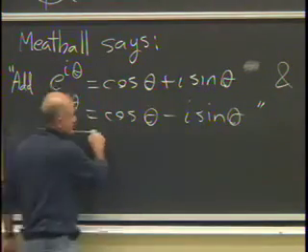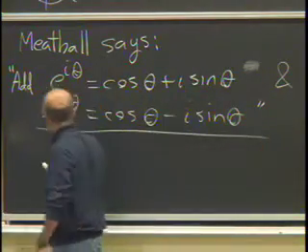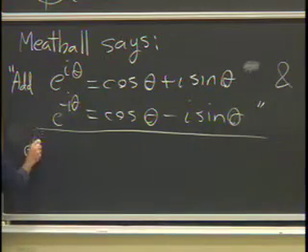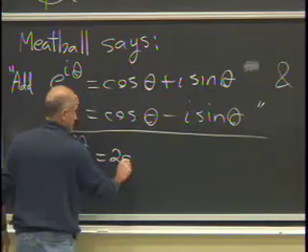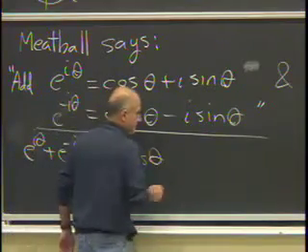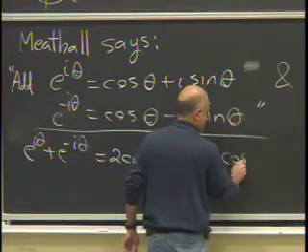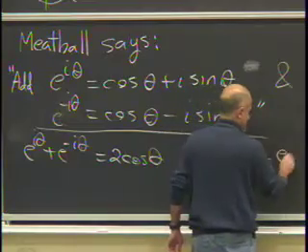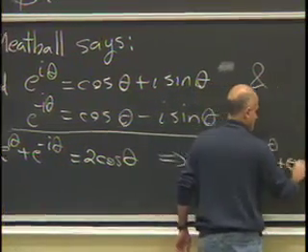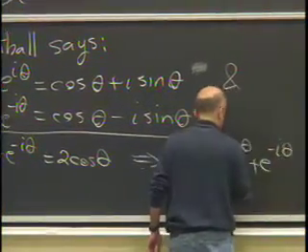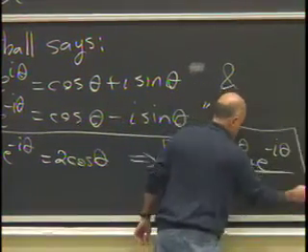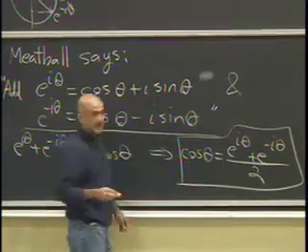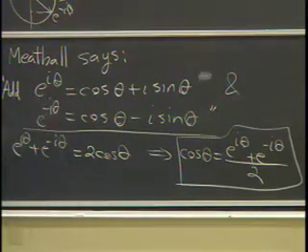Let's add them. What do you get? So cosine theta is? This is one of those expressions you're going to get so intimately close to, you're either going to love or you're going to hate.